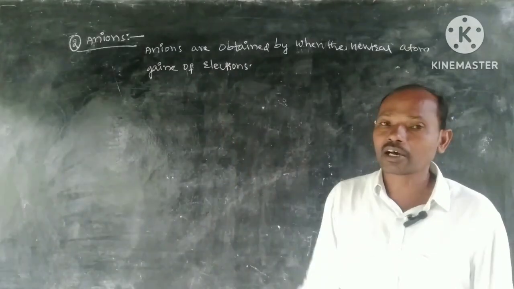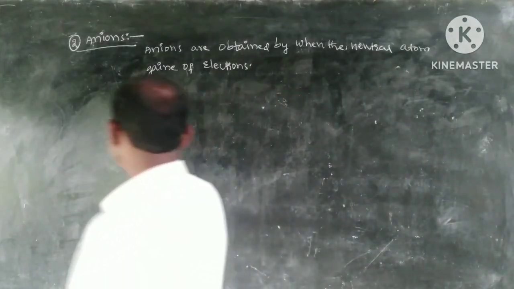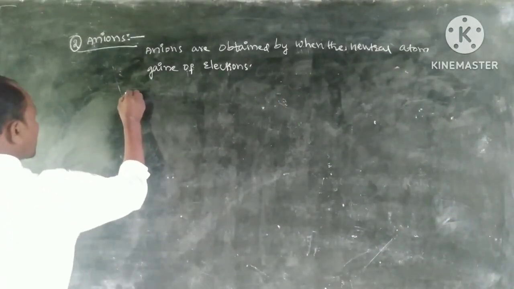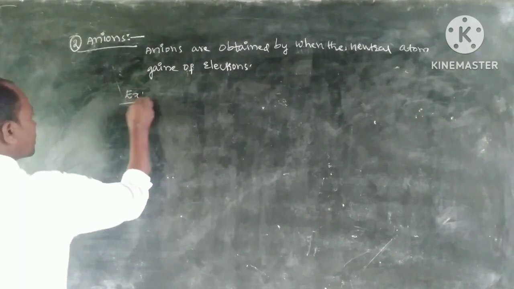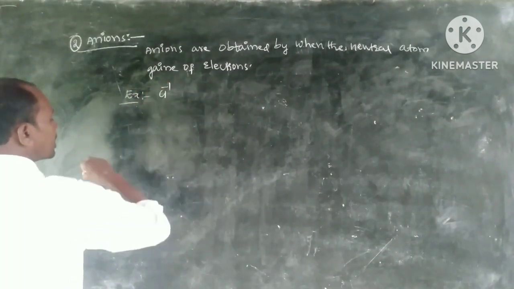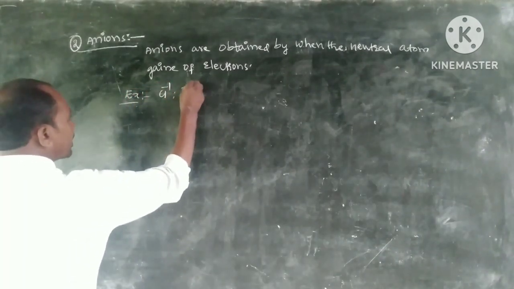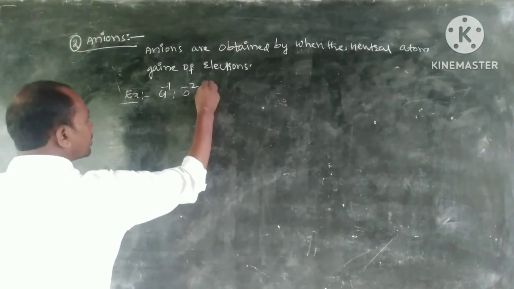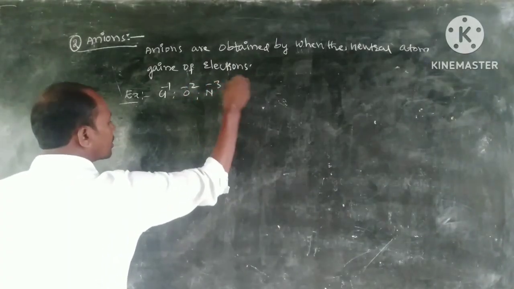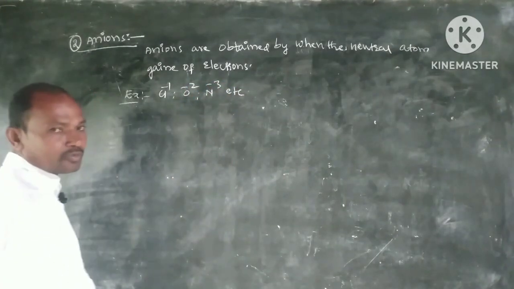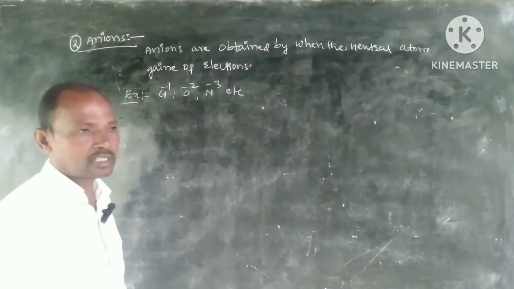So these are anions. Examples for anions are Cl-1, O-2, and N-3, etc.